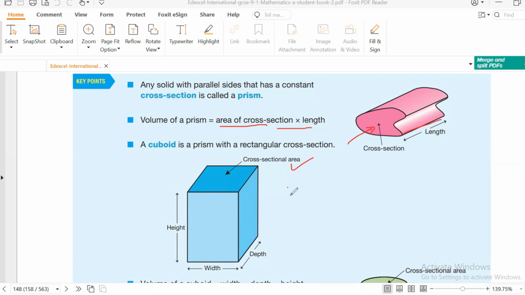Generally the formula for the volume of a cuboid is V equals length multiplied by width multiplied by height. If you consider it as a prism, then volume is equal to cross-sectional area multiplied by height or length. So that will help us in the questions. We will see.